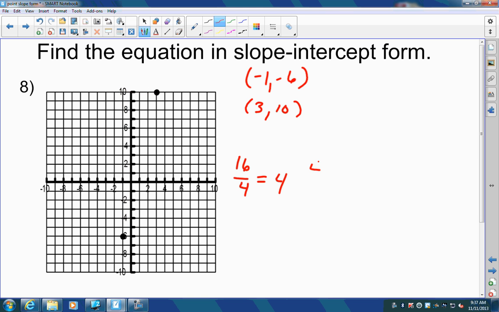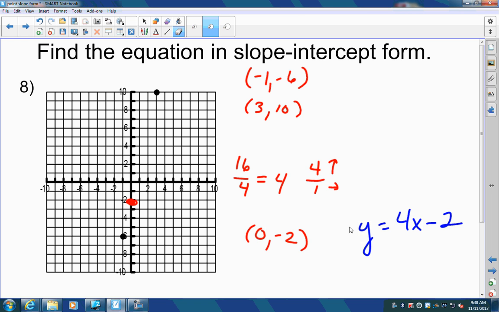This is the same as 4 over 1, telling me to go up 4 to the right 1. So I start at my point and I go up 1, 2, 3, 4 to the right 1. Oops. My y-intercept is (0, -2). So my equation is y equals 4x minus 2. That's what you should have come up with.